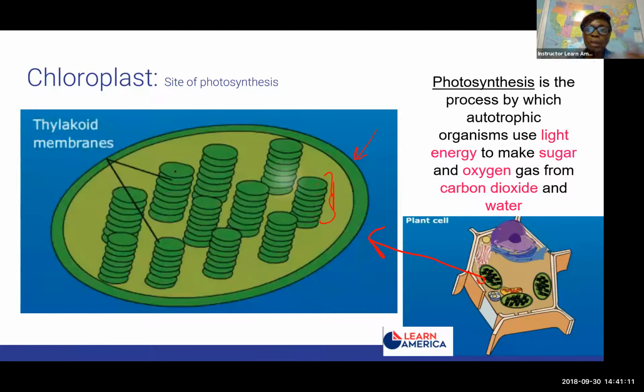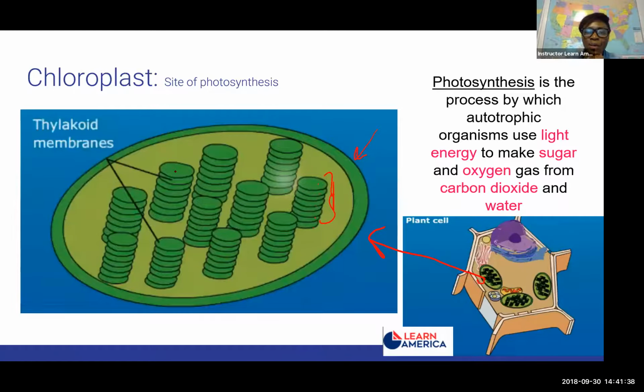So we're looking at plants, blue-green algae. These organisms are able to capture the sunlight, use that sunlight, and convert it into some chemical energy that they could use. Whereas for us, we don't contain a chloroplast. We rely on eating and taking in nutrients.